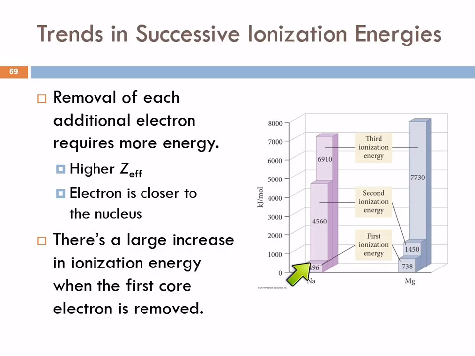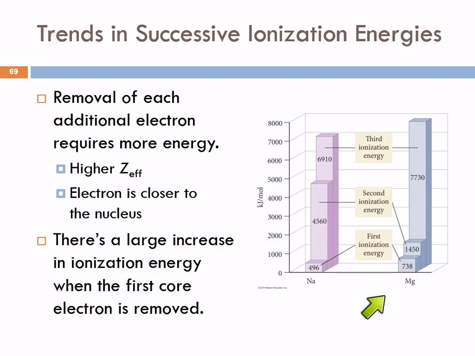The next one is 4,560. That's a lot bigger. What the heck? Well, that's because now we're removing a core electron. Things are getting personal now. It's like, no, don't mess with those core electrons. The valence electrons, but the core electrons, you leave those alone.